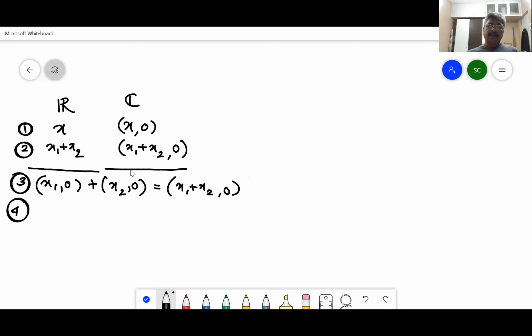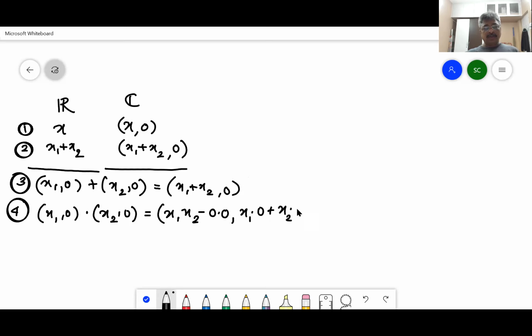Then we decided what our multiplication is, and we said x1 comma 0 into x2 comma 0 is equal to x1 x2 minus 0 into 0 comma x1 into 0 plus x2 into 0, which is equal to x1 x2 comma 0.